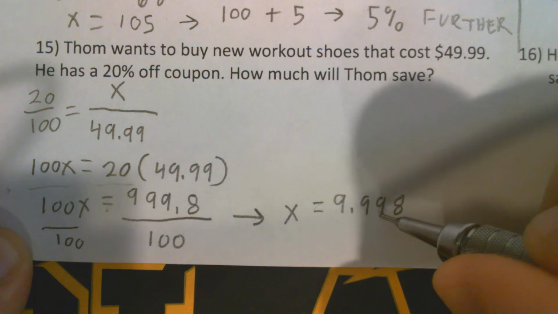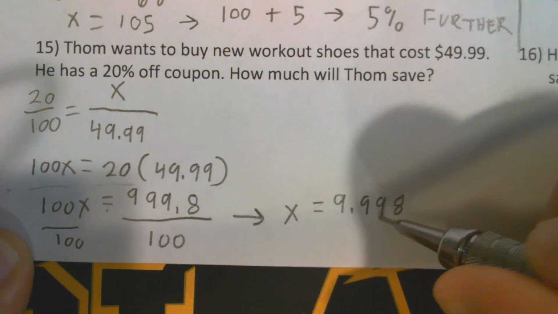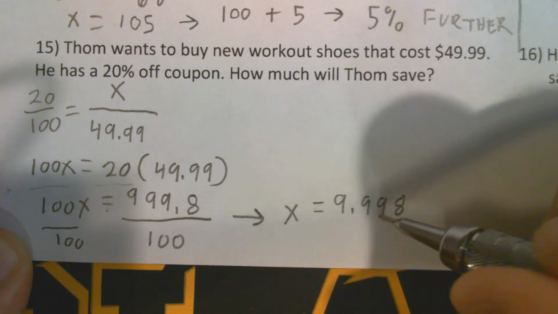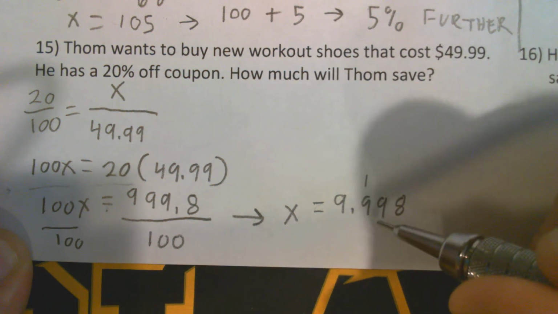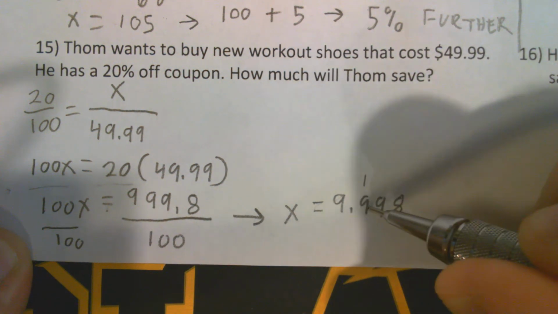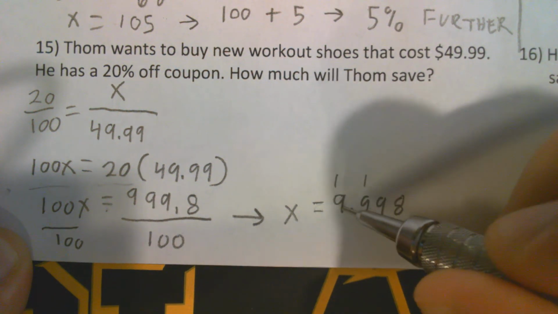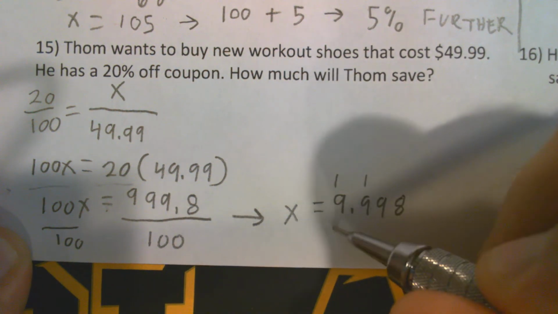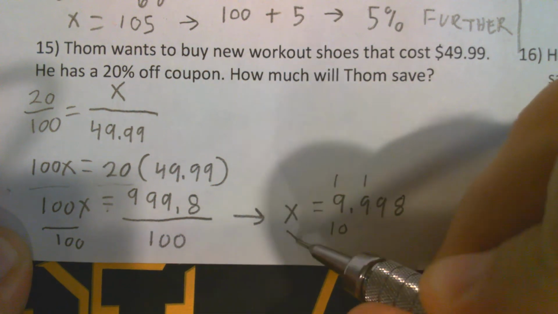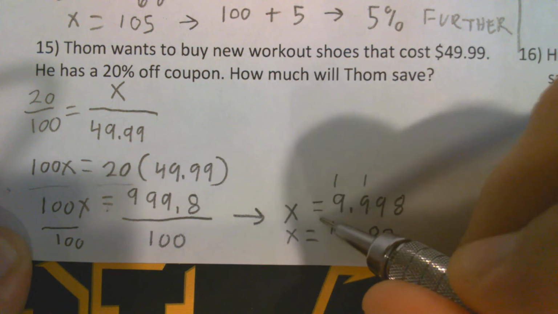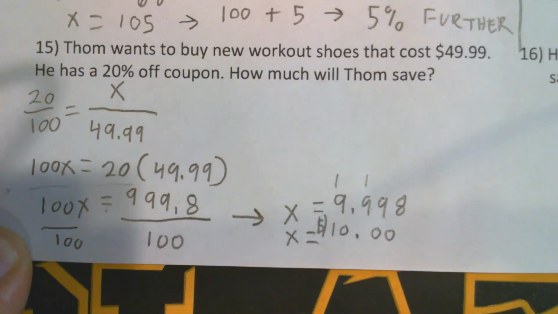So we're going to add 1 to the 9, which will give us 10. Since this is a 10, we have to carry the 1. 9 plus 1 gives us 10 again. Carry a different 1. 9 plus 1 gives us 10 again. So finally, we get 10.00. This is how much money Tom saved with the 20% off coupon.